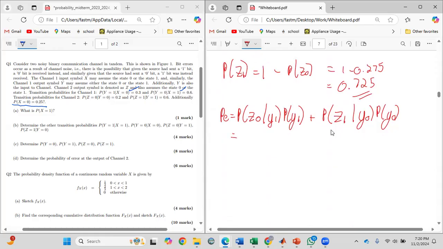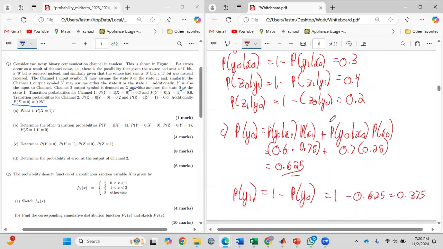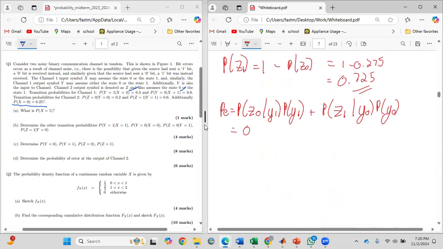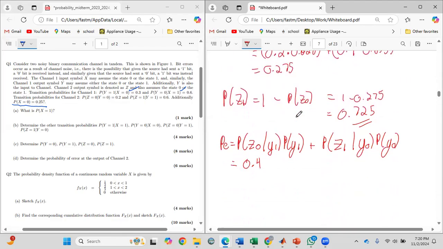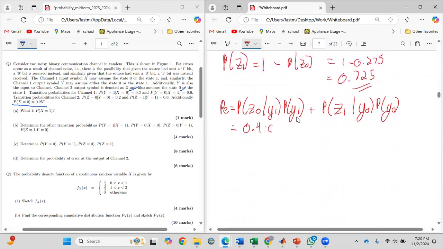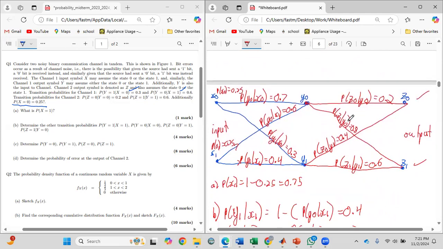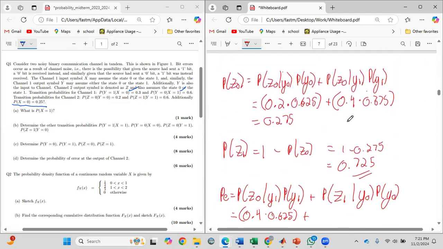So here, the probability of z0 given y1 is 0.4. The probability of y1, I think we have 0.625, plus z1 given y0, so z1 that is 0.8, by 0.375.